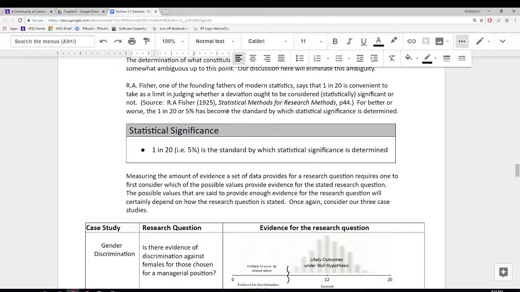And to this day, we still use this 1 in 20 as our standard when determining statistical significance. 1 in 20 is indeed 5%. Therefore, the widely used value in determining whether or not we have statistical significance is 5%.